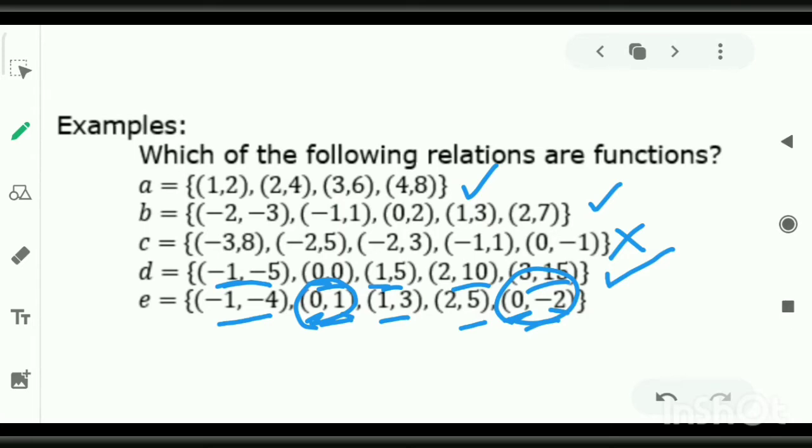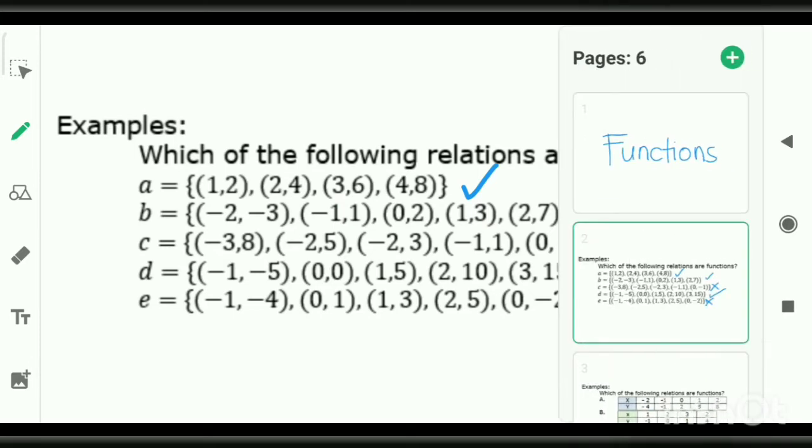This time, since 0 is used as the x element in two different ordered pairs which contain a different y element, this is not a function. Again, set A, set B, and set D are functions, while set C and set E are not functions.